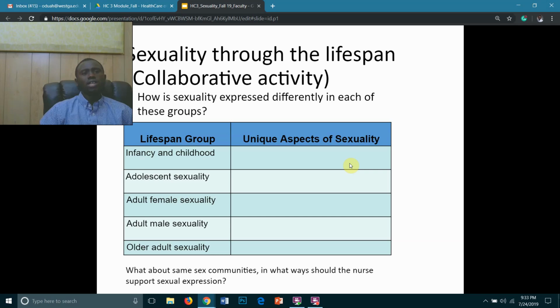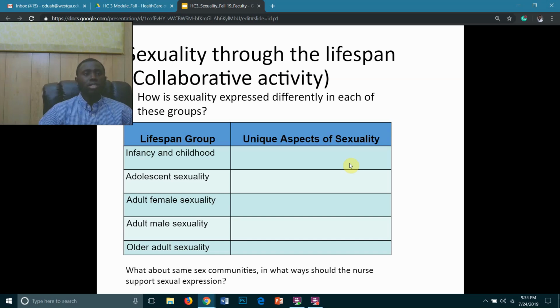So, sexuality is a developmental process which begins at conception with the formation of genital organs and progresses all the way till death. Sexual response begins during infancy and childhood because infants experience genital congestion also, and this is marked by erections in boys and increased vaginal lubrication in girls.